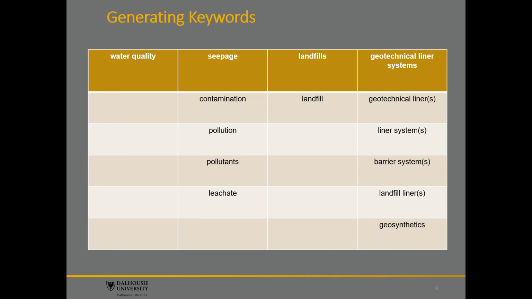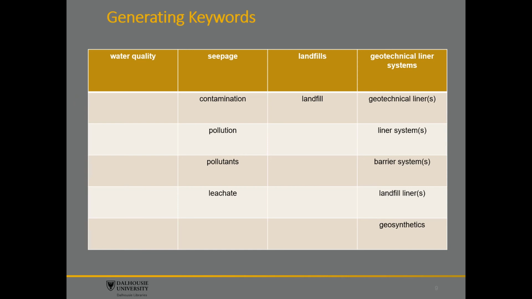So based on my initial keywords, for example, seepage, synonyms could be contamination, pollution, pollutants, or leachate. So these are all other keywords that I could search when I'm searching seepage, the concept of seepage. For landfills, there's also the singular landfill, so that makes a difference in some databases.